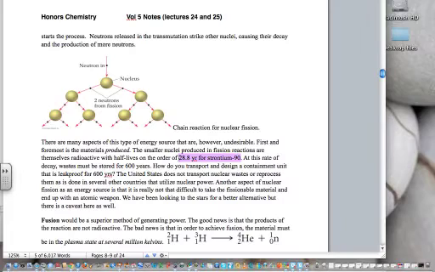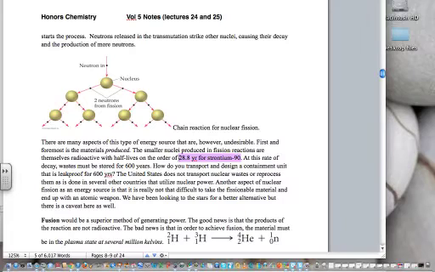At this rate of decay, you would have to store the byproducts of nuclear fission, what's left over after you've produced the nuclear power, for 600 years. How do you transport and or design a containment unit that is leak-proof for 600 years? In the United States, we do not transport nuclear waste or reprocess it as is done in other countries.